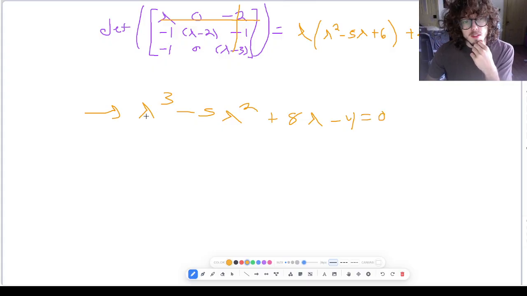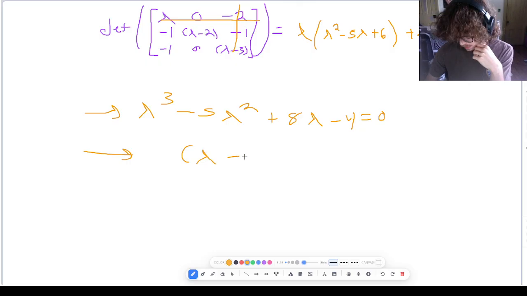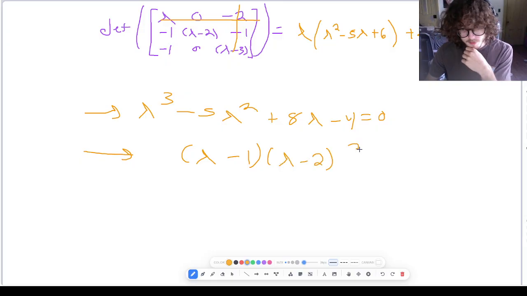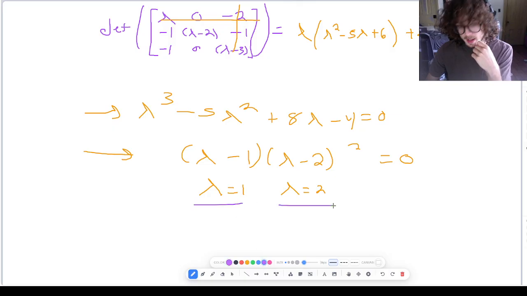So lambda to the third minus 5 lambda squared plus 8 lambda minus 4 equals 0 is going to factor, and this is not easy to see. You have to do, I believe, synthetic division here, although I forget. You get this in your factored form, which says that lambda is 1 and lambda is 2. So you have two eigenvalues. You have an eigenvalue of 1 and an eigenvalue of 2.